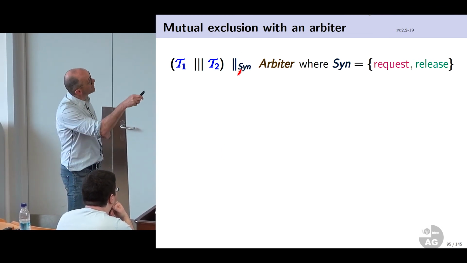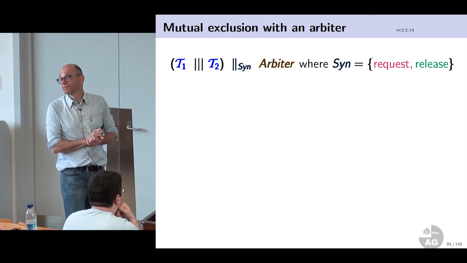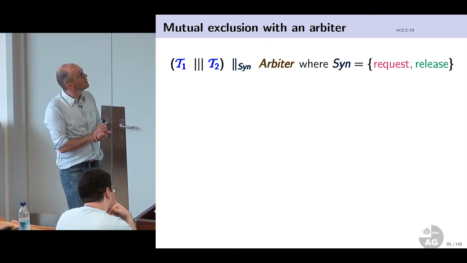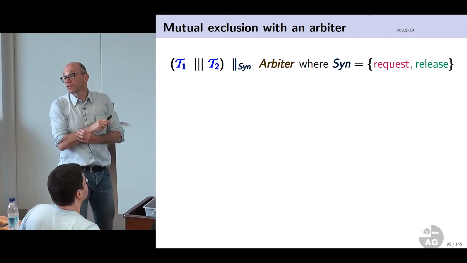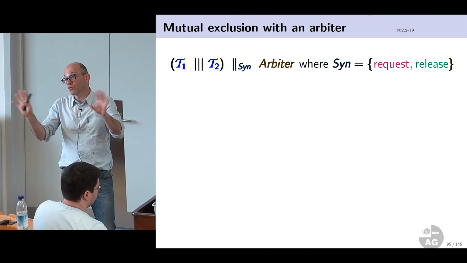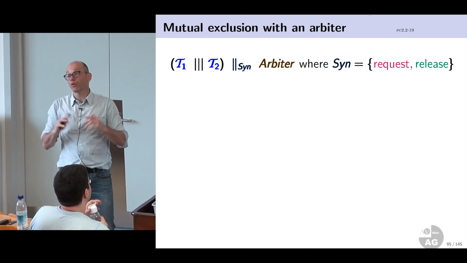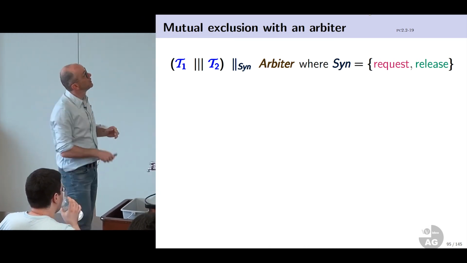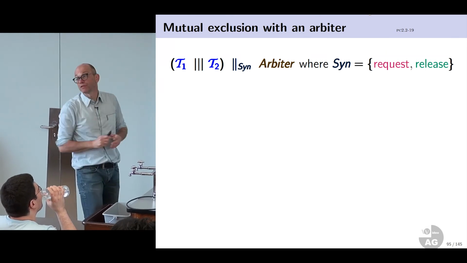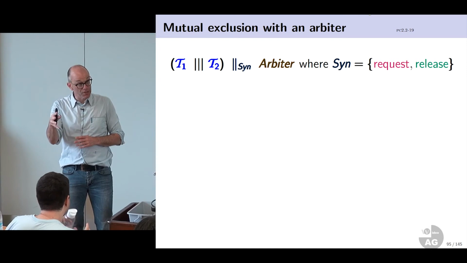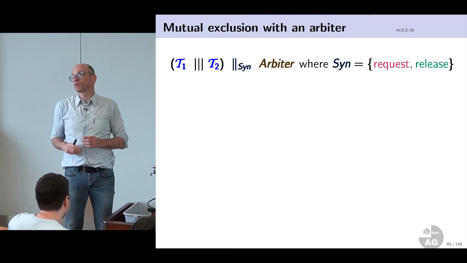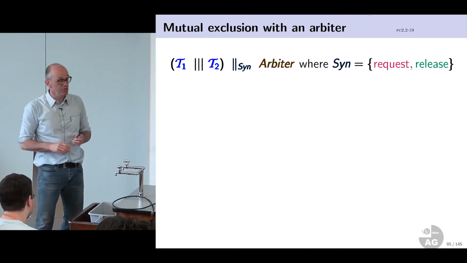Now they need to synchronize with one arbiter. Yeah. So this one can do a request, that one can do a request. They can do this independently. They don't need to synchronize over their own requests. But they need to synchronize with the arbiter. And the arbiter is going to pick one of them. Actually, non-deterministically, it's going to decide which process is going to have access to the critical section.